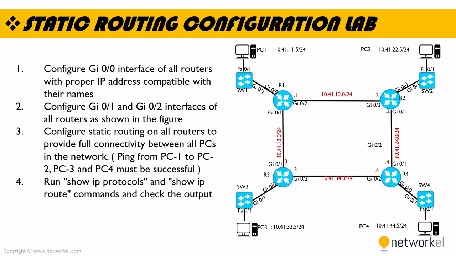In this practical lab, we'll take a look at the static routing configuration together. We have 4 steps to configure for this lab, guys. In the first step, the lab is telling us to configure the GIG0/0 interface of all routers with a proper IP address compatible with their names.